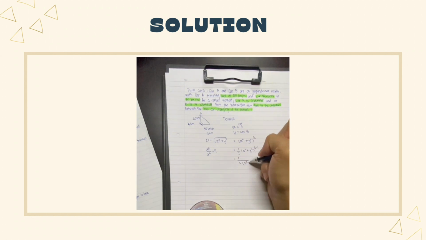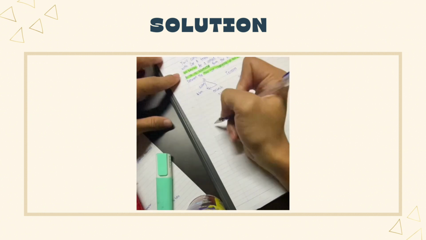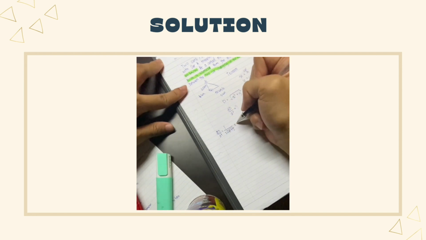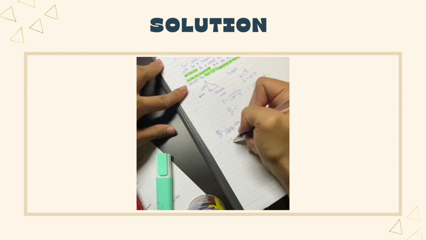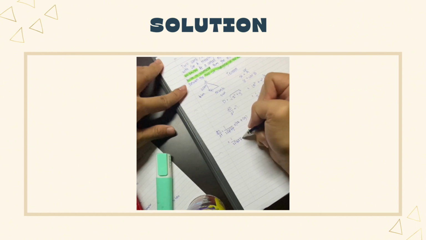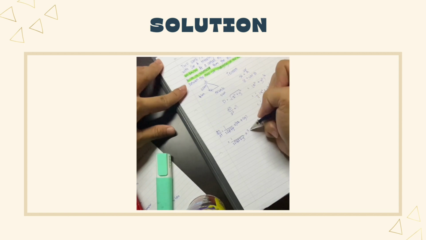So we need to insert dx over dt and dy over dt in 2x plus 2y, like this. And we already know that x equals 3 and y equals 4.